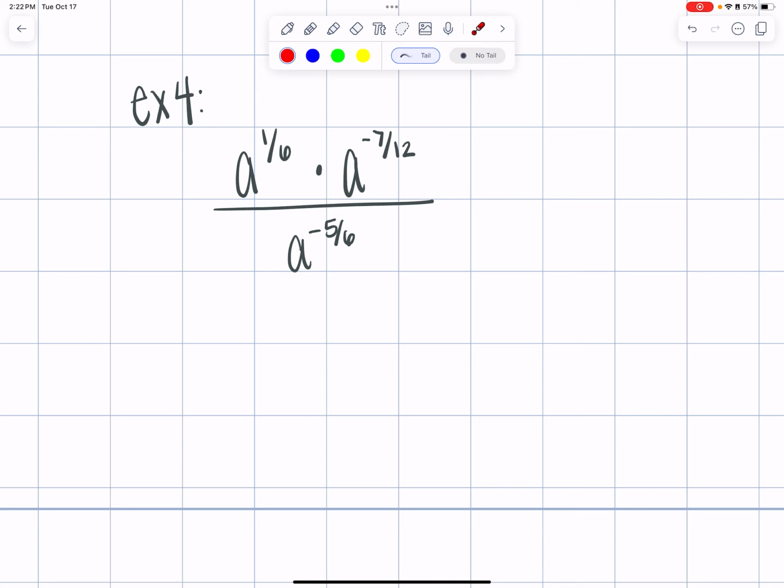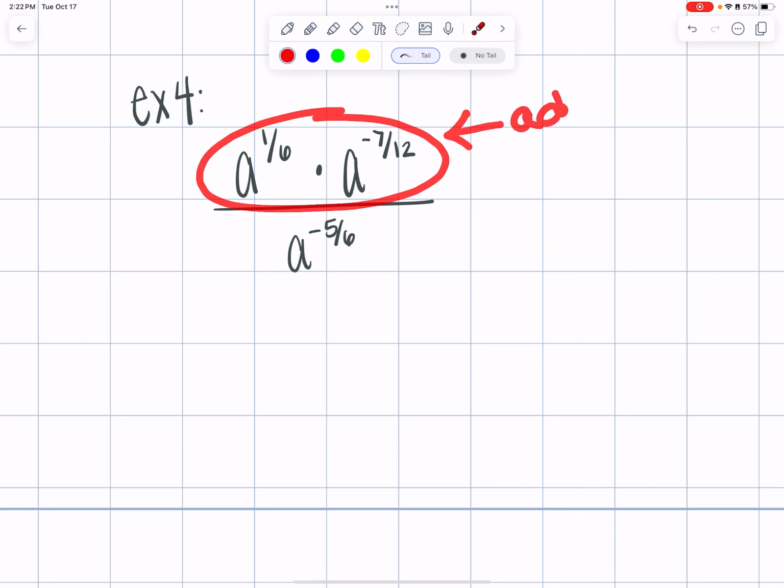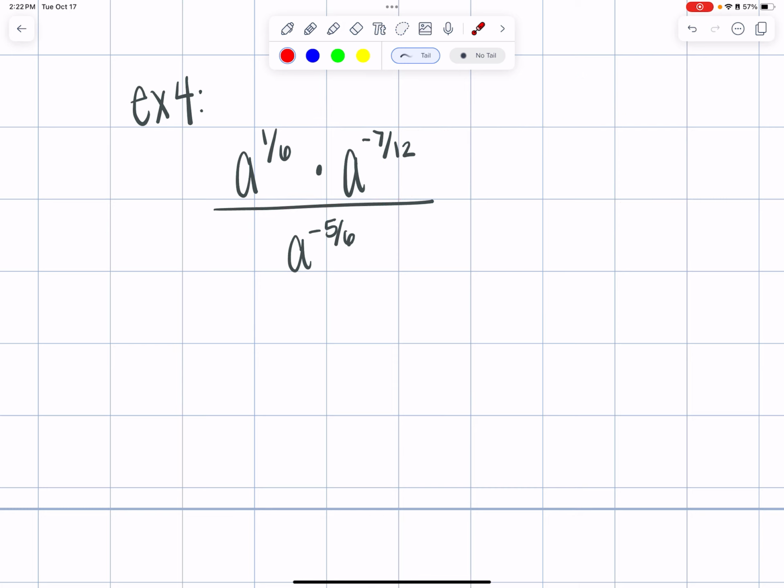And honestly, it doesn't matter if you do product rule first and add these and then subtract, or if you do quotient rule here and then quotient rule here. Honestly, I would say doing product rule first is easier, so that's the way that I'm going to go.